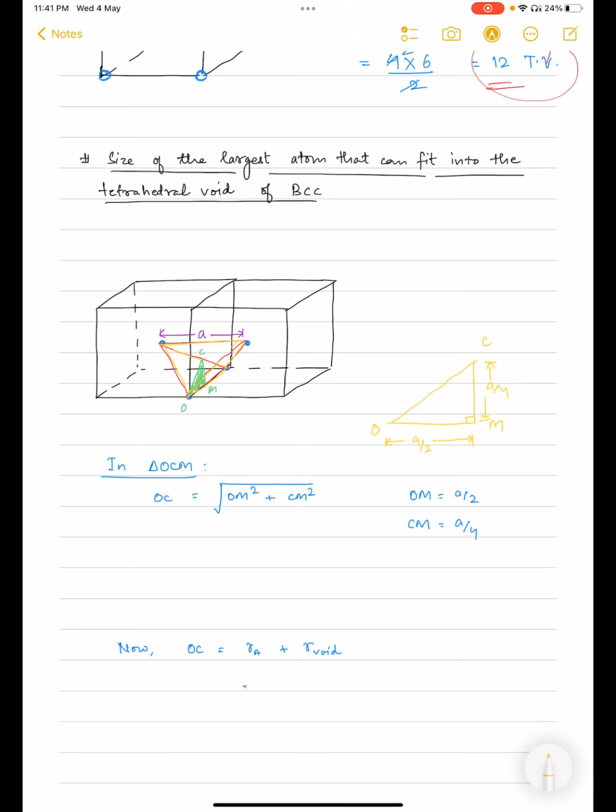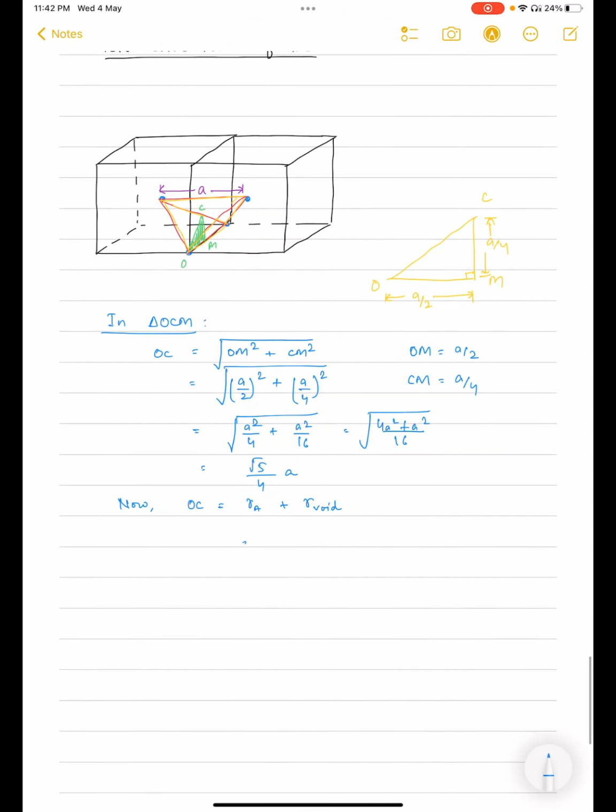So OC is equal to the square root of (a by 2) whole square plus (a by 4) whole square. So this is a square by 4 plus a square by 16, which is the root of (4a square plus a square) by 16. So this is root 5 by 4 a.